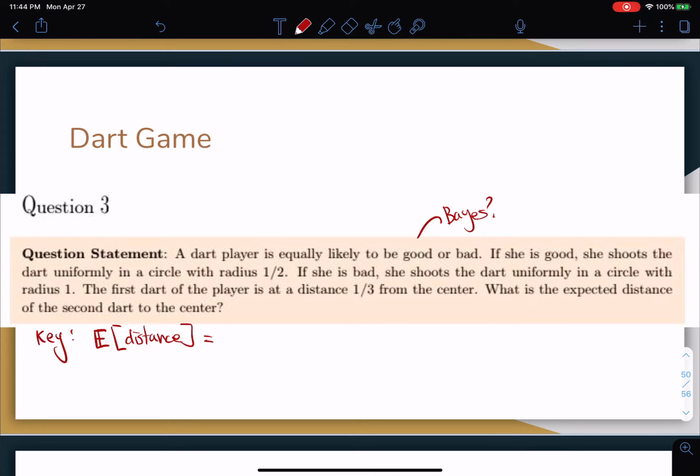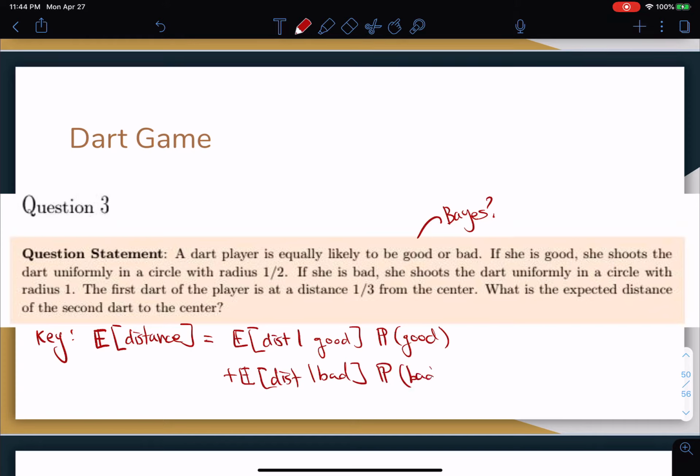Now, if I want to calculate the distance expectation, then I find the expectation of distance given that she is good, multiplied by the probability she is good, plus the expectation of distance given she is bad, multiplied by the probability she's bad. I think that's a key idea, and we just have to fill in the blanks.